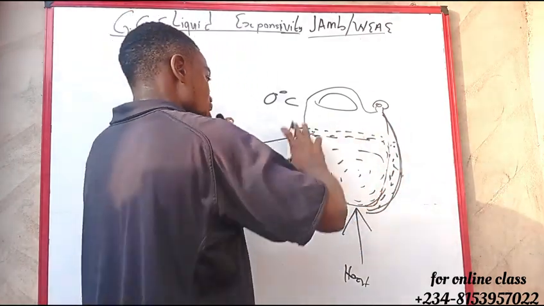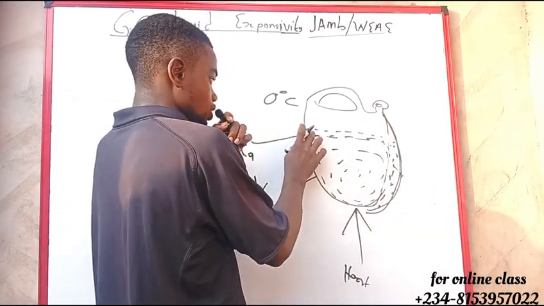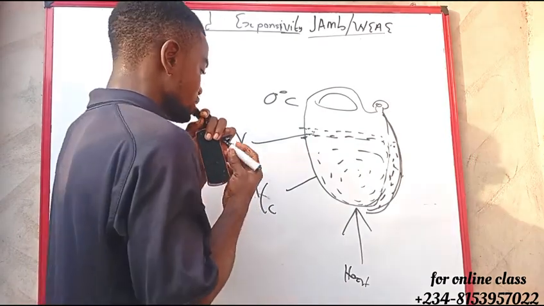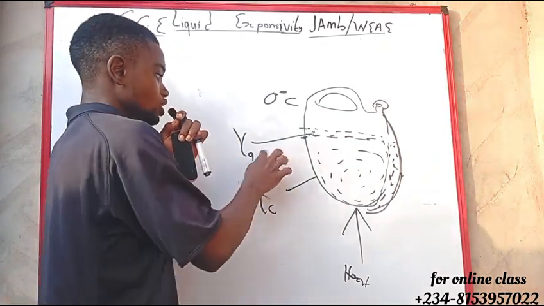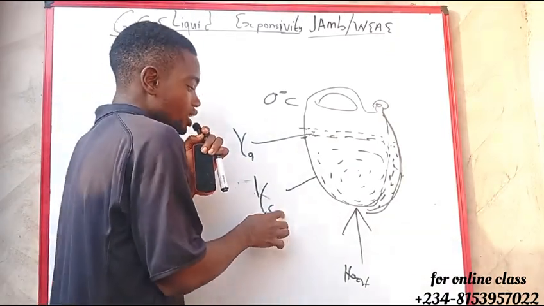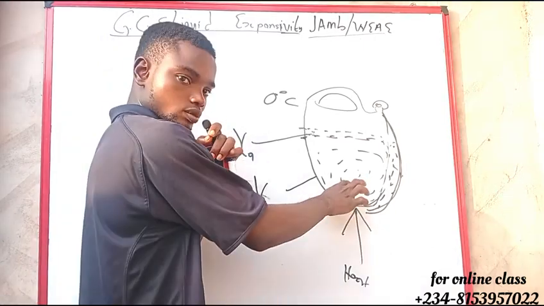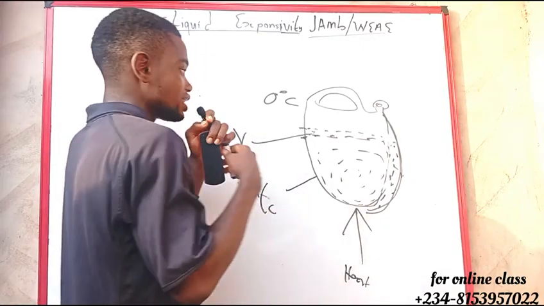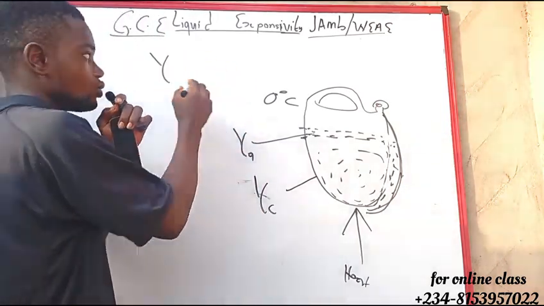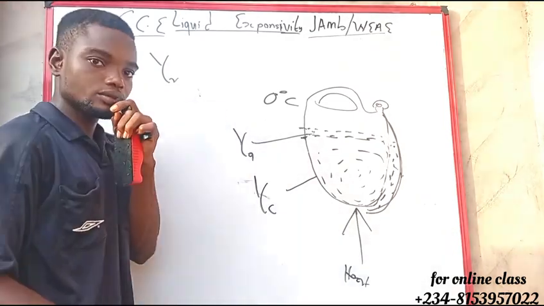Now, to get the total expansivity of this liquid, or the liquid expansivity in this vessel, you must add the apparent expansivity of the liquid plus the cubic expansivity of the vessel. That is now going to be called the real expansivity of the liquid, represented by this form.